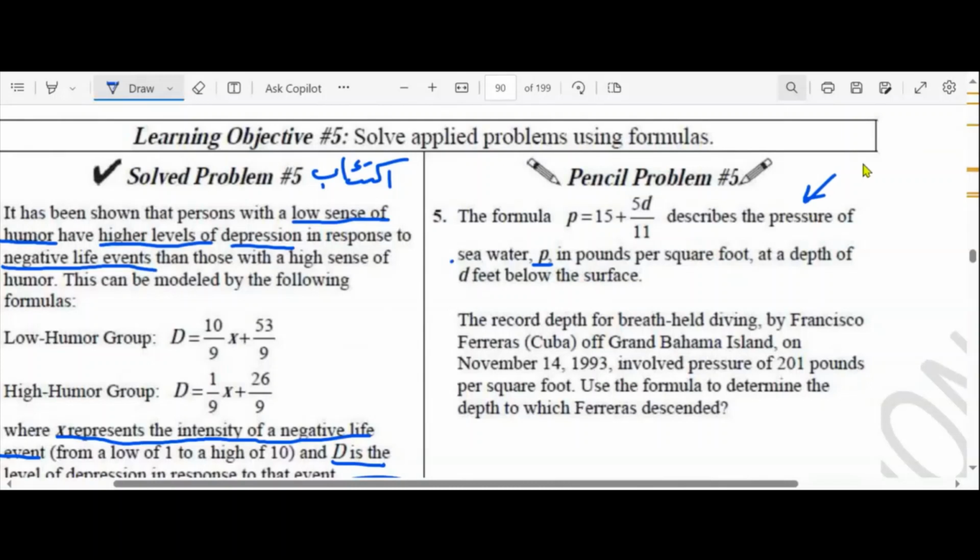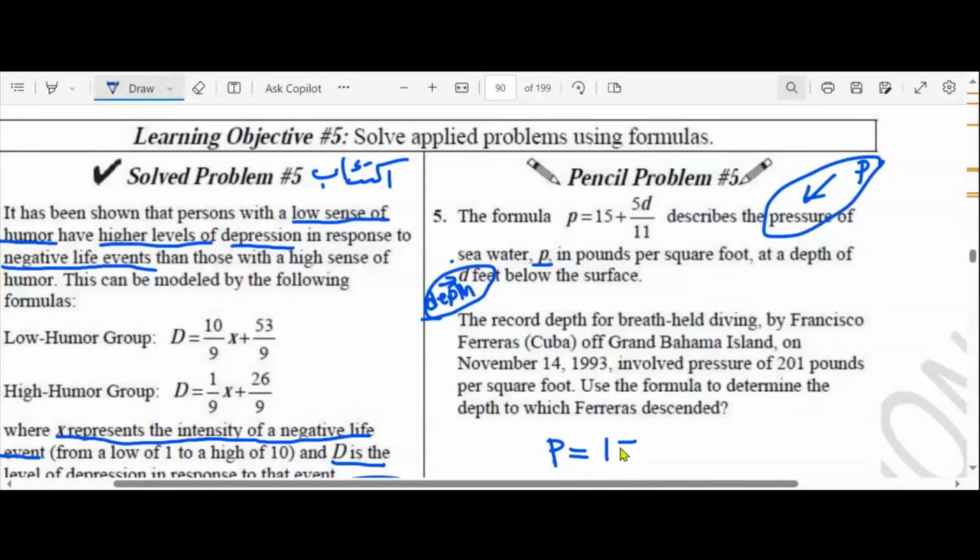The record depth for breath-held diving by Francisco Ferreras, Cuba, off Grand Bahama Island on November 14, 1993, involved pressure of 201 pounds per square foot. Use the formula to determine the depth to which Ferreras descended. Okay, so P is the pressure, correct? And D is the depth.